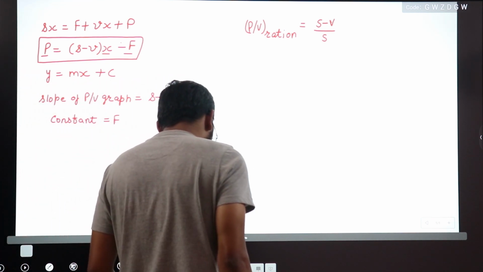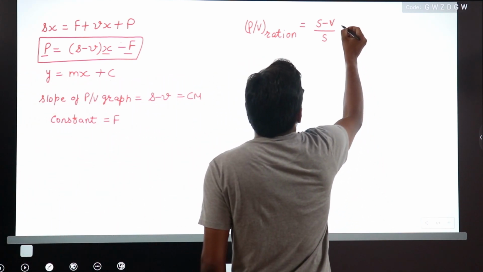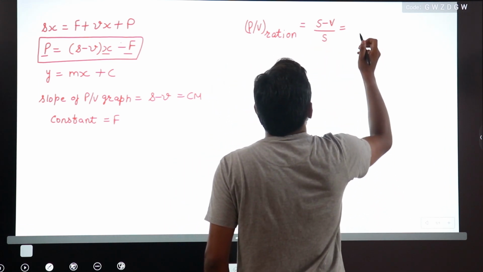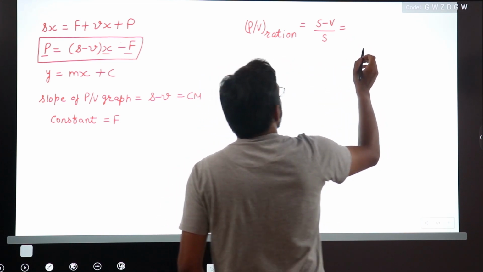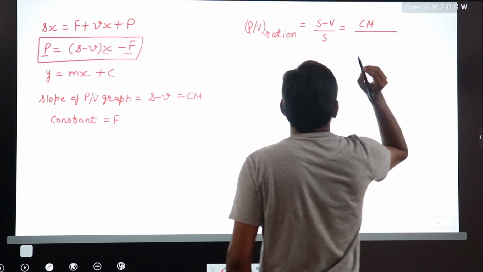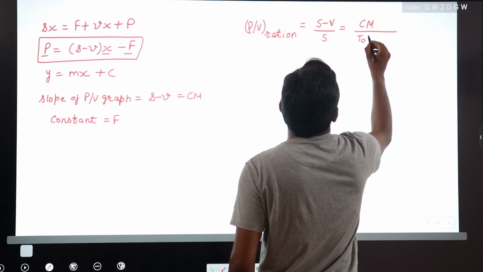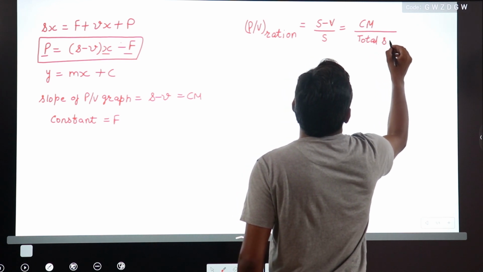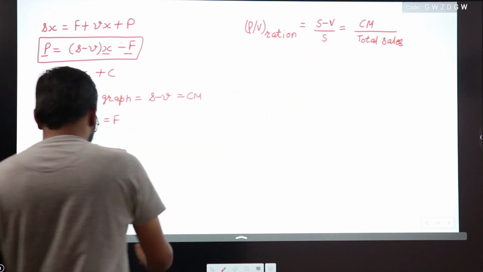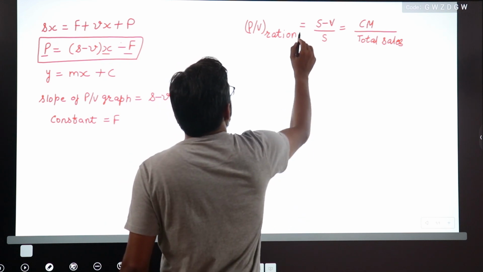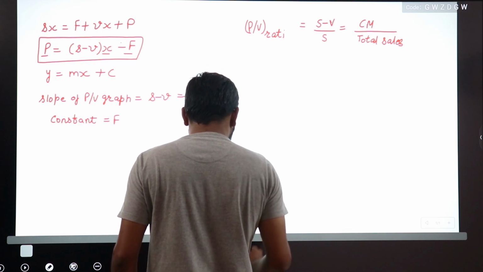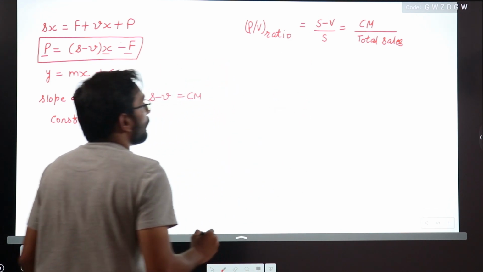This is equal to the contribution margin divided by total sales. This will be the profit volume ratio.